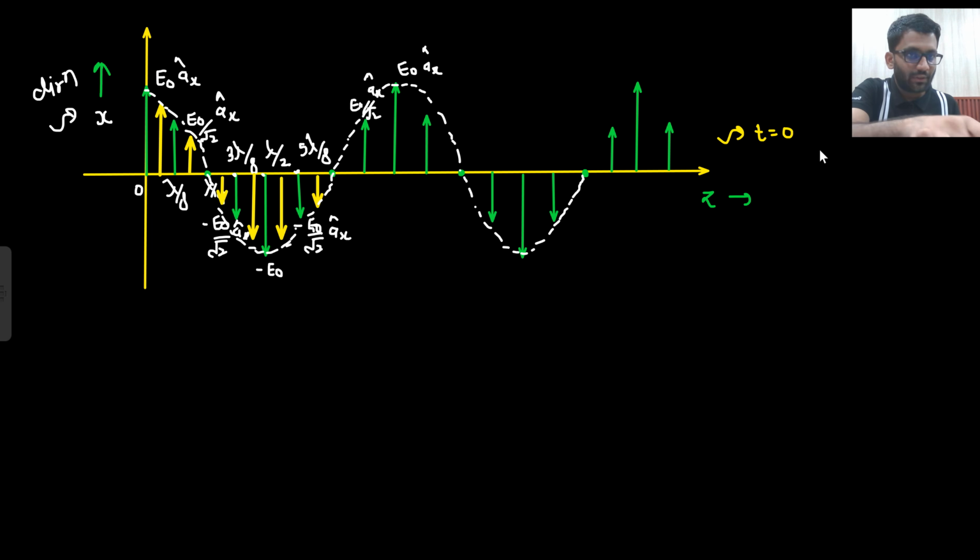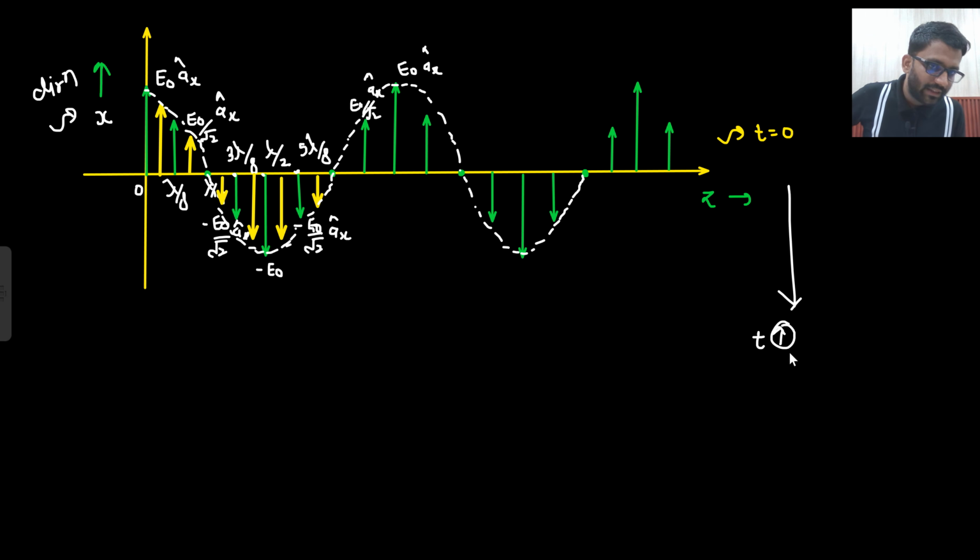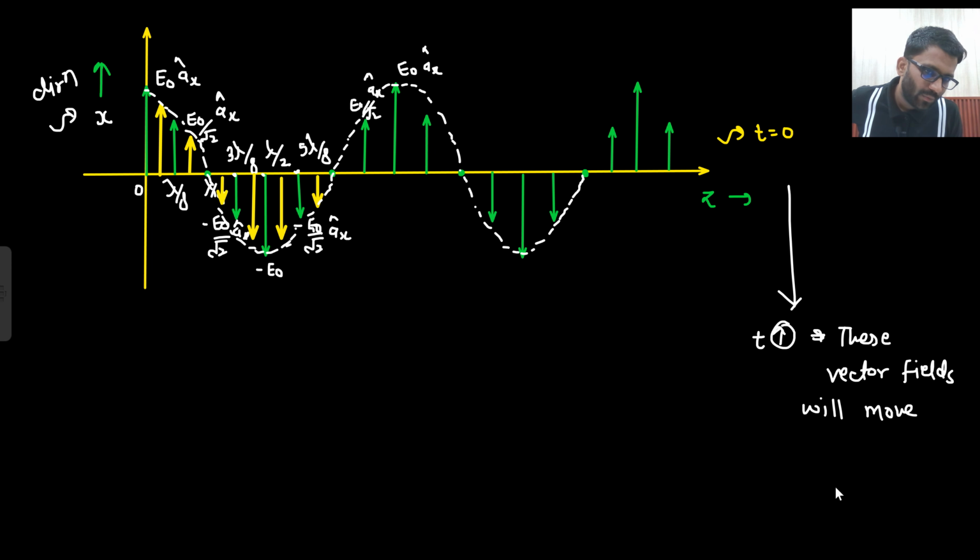That this is at t equals to 0. When time t increases, these vector fields will move along z axis.